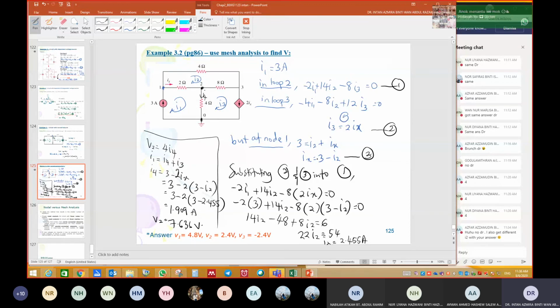So I4 in this circuit, I4 plus I3 is equal to I1. So let's try together. Now I want to check my step, my calculation.